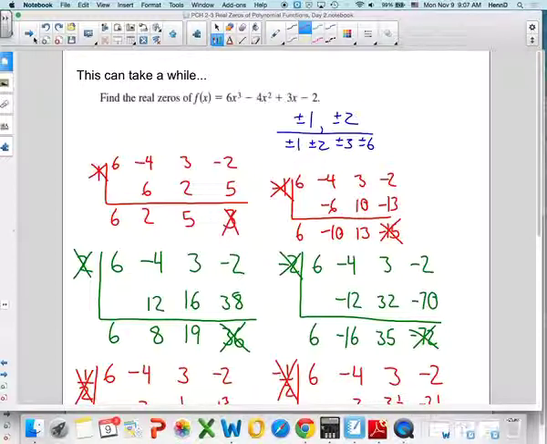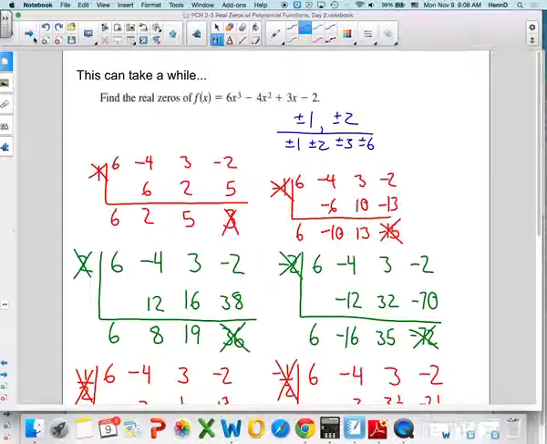Here, even with a 2 and a 6, 2 only has a pair of factors, 1 and 2, it's prime. And then you have plus or minus 1, plus or minus 2. But then you have 6 that has 1 and 6 or 2 and 3. And you can see that as you go through the process, it might take a while to find one that works.